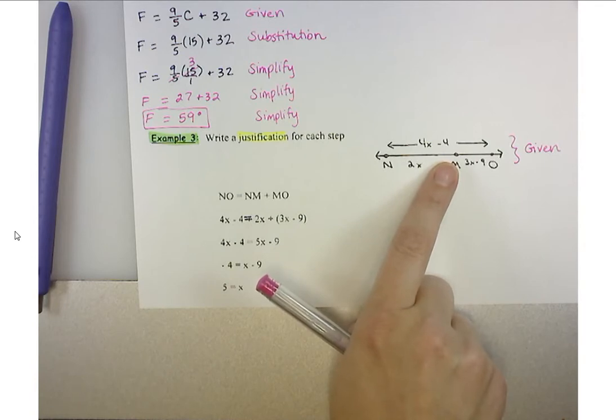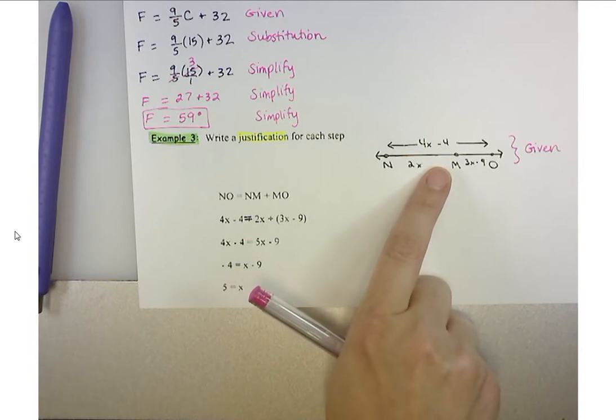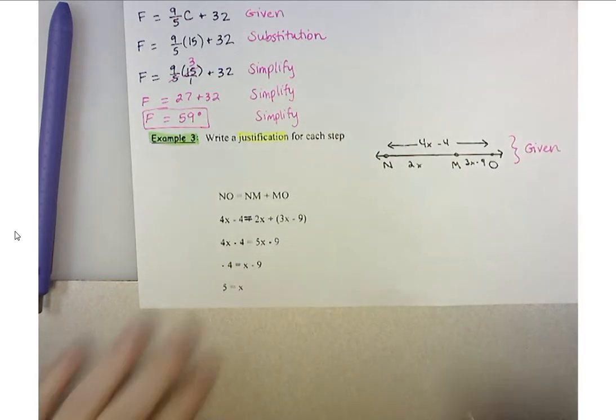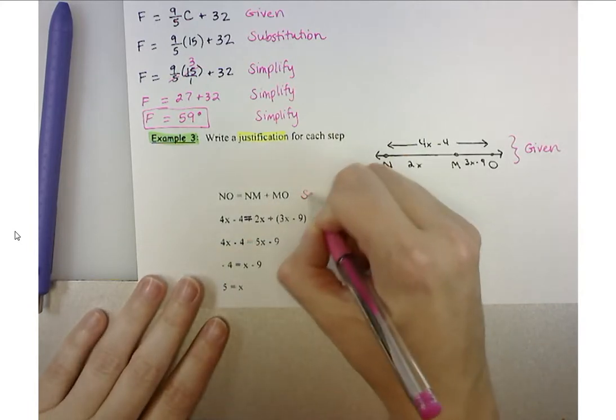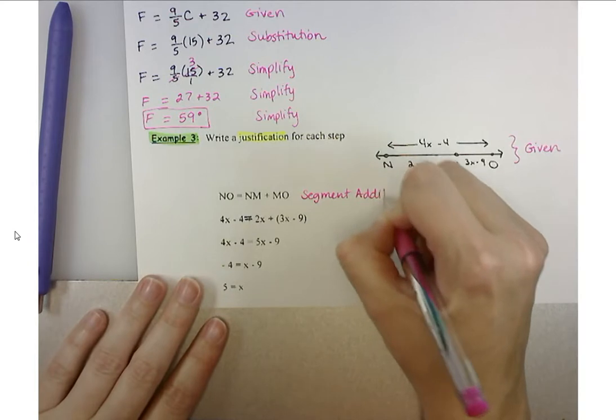It's not a midpoint. Naomi, you have it right there. Isn't it the segment addition postulate? Yes, it's the last one that you had on your definitions. This is the segment addition postulate.